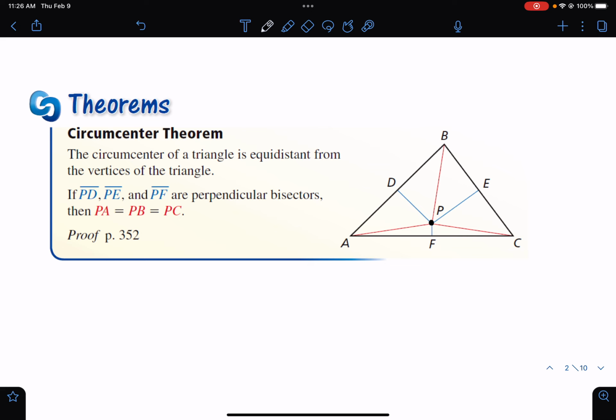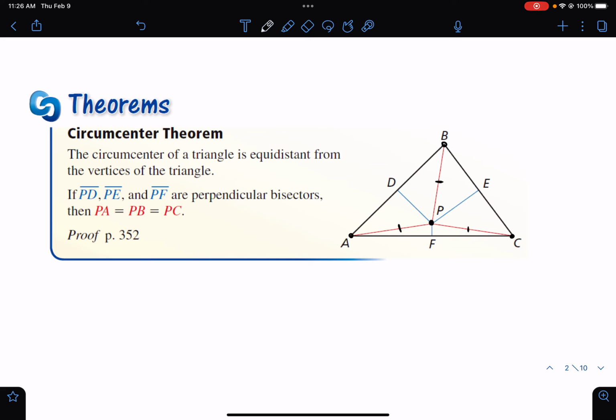So the distance from the circumcenter to each of the vertices, A, B, and C, is equal. This distance is equal to this distance, which is equal to this distance here, and we mark it with that little line. That little line in geometry means that those lengths are the same.